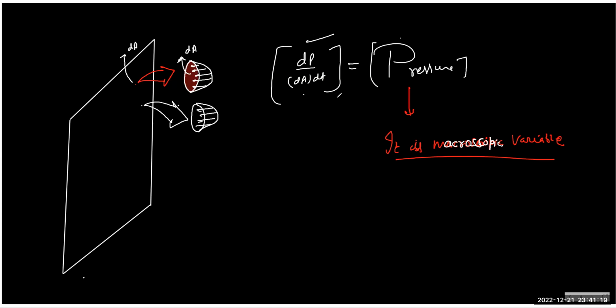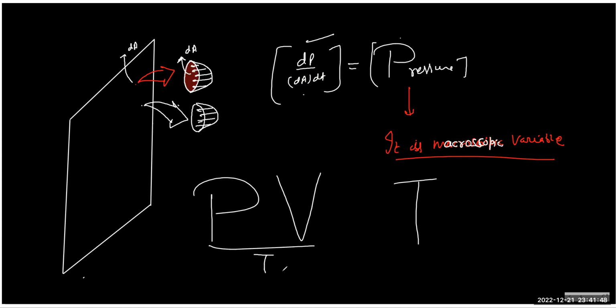Pressure will also follow a similar process because every macroscopic variable can only be defined if the system is having some sort of steady state behavior, isn't it? So pressure is a macro variable, temperature is a macro variable, volume is the geometrical behavior. Understood? So PV by T is what?